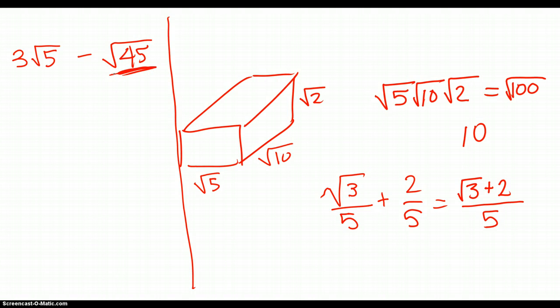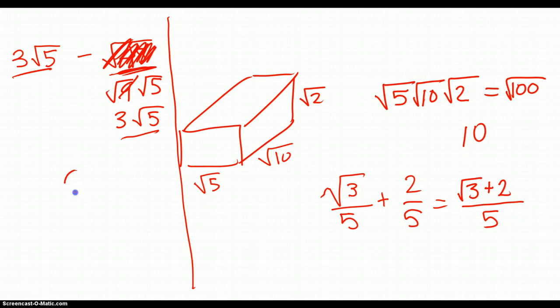On the last page we broke that problem down. We broke it down into square root of 9 times the square root of 5, right? So I just rewrote that as square root of 9 times the square root of 5. And then I took the square root of 9 and I got 3 square root of 5. So now I have 3 square root of 5 minus 3 square root of 5. Are those like terms? They are. I would get 0. I would get 0 square root of 5, but what's 0 times anything? It's just a plain old 0.